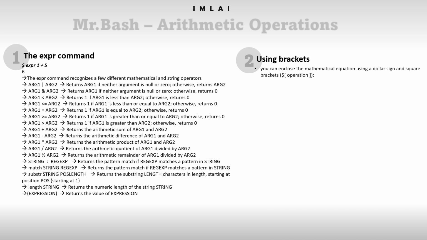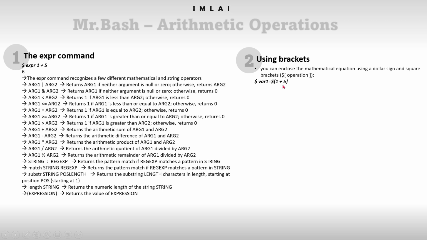That is, in bash, when assigning a mathematical value to a variable, you can enclose the mathematical equation itself using a dollar sign and square brackets. That's what we have discussed even in our previous slides.